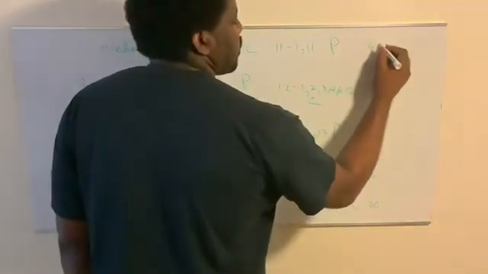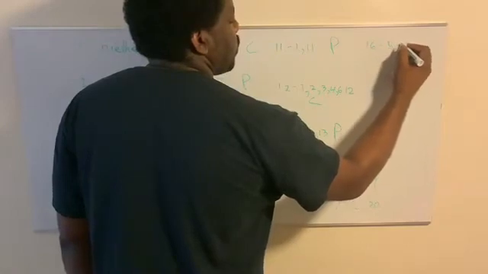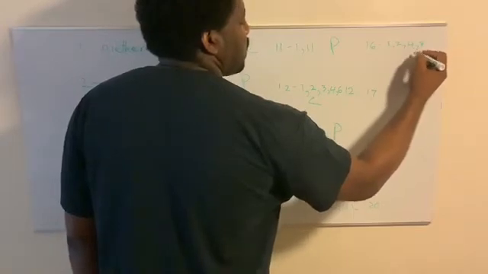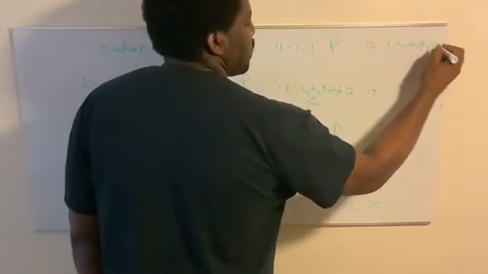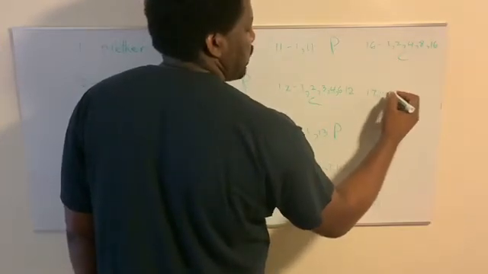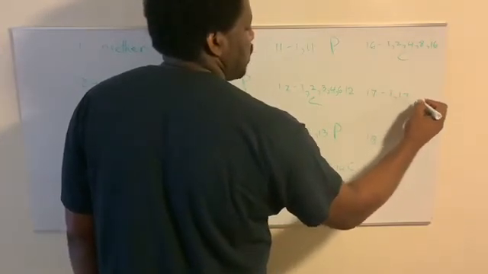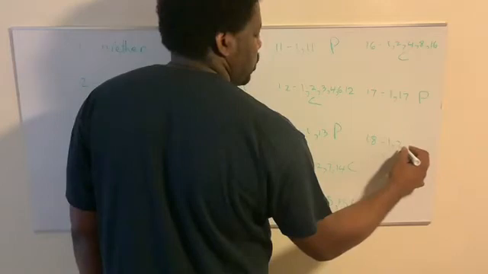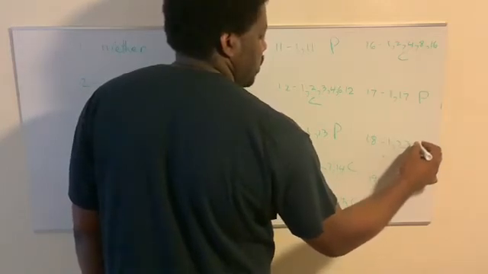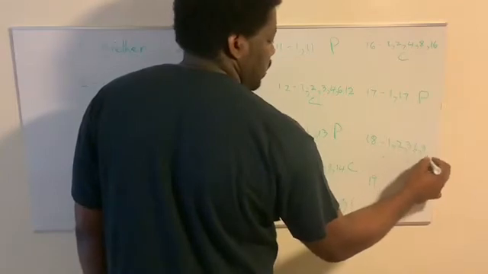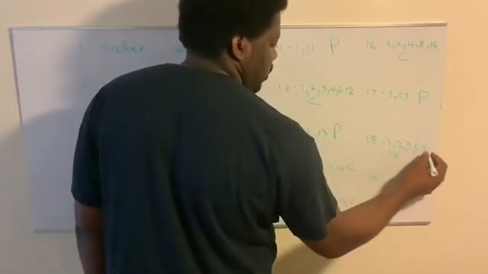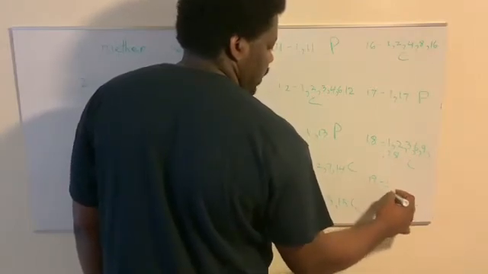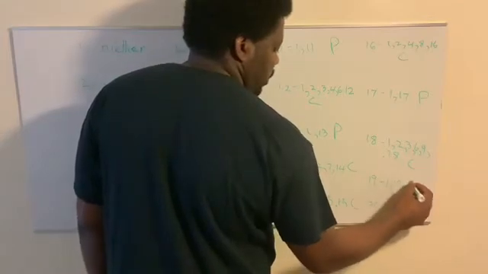16, we have 1, 2, 4, we have 8, and we have 16, so it's composite. 17, we have 1 and 17, so that's prime. 18, we have 1, 2, 3, 6, 9, and 18, so it's composite. 19, we have 1 and 19, so it's prime.